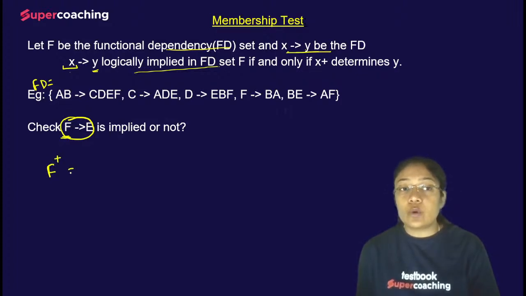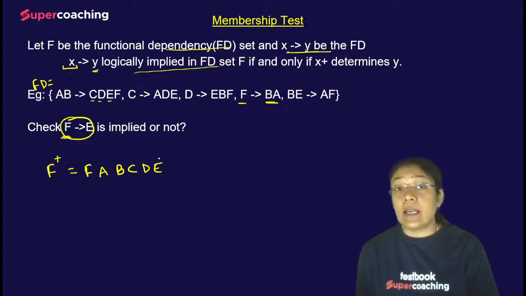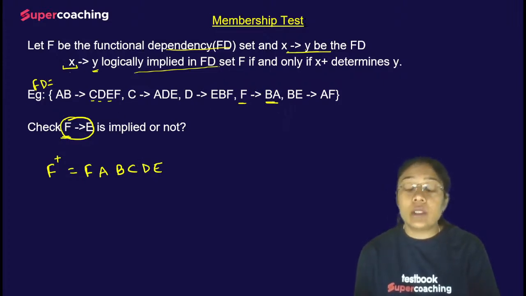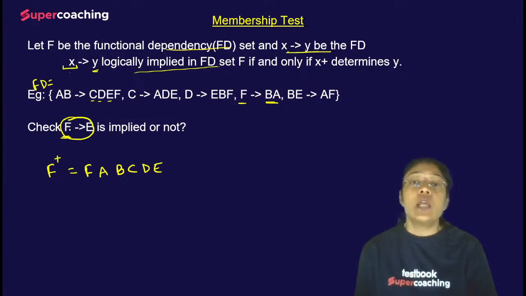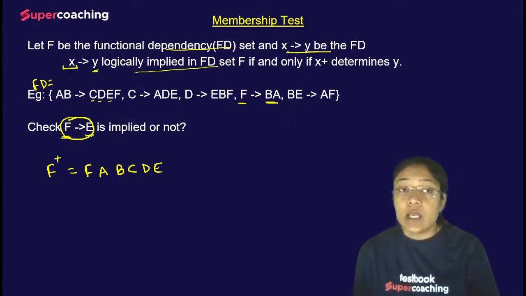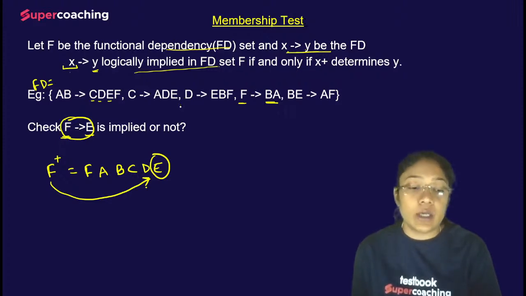We'll find out F closure. F will surely be determining itself. Now see, so far you have only one attribute, that is F. So F is determining AB. AB is determining C, D, E and F. You don't need to find the complete closure, because what we want is that, starting from F, when finding F closure, E shows up somewhere on the right hand side. So here we have got E. So this means that F determines E is logically implied by the given functional dependency set.